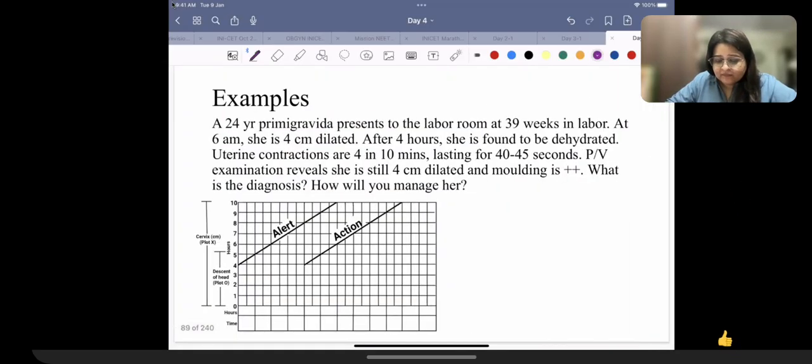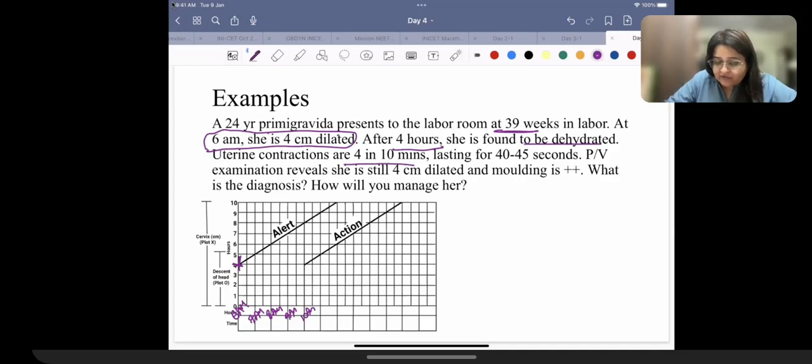Okay. Next question. A 24-year-old primary presents to the labor room at 39 weeks. At 6 o'clock, she is 4 centimeters. So let's plot this. This is 4 centimeters. This is 6 o'clock. Okay. After 4 hours, that means 6 o'clock, 7 o'clock, 8 o'clock, 9 o'clock, and at 10 a.m., she is found to be dehydrated.